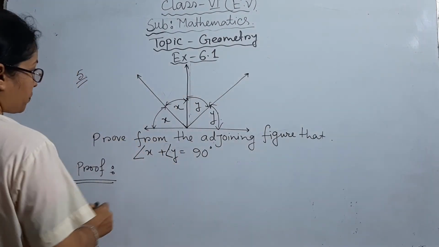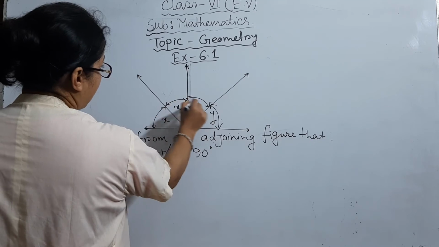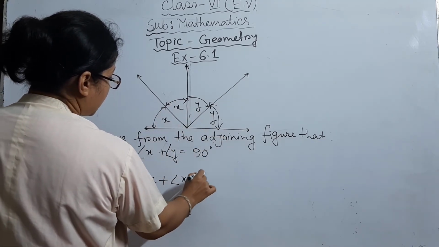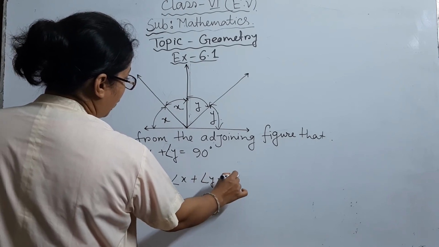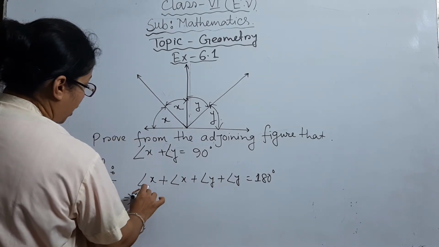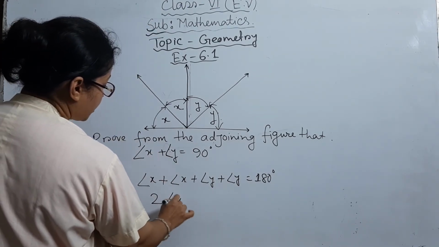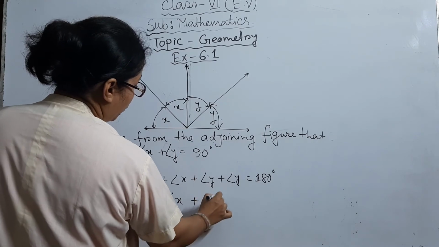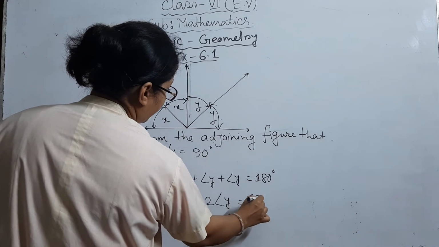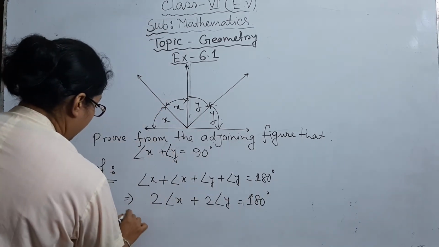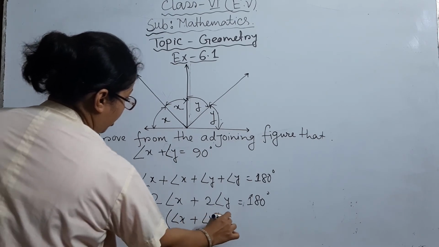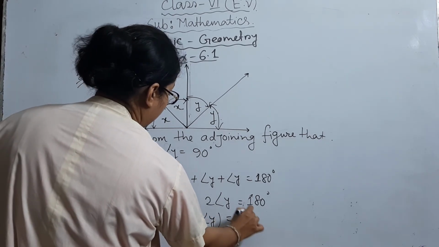So let's prove. Dear students, to get this full angle, we have to do what? Angle x plus angle x plus angle y plus angle y equals 180 degrees. Isn't it, dear students? That is 2x angle plus 2y angle equals 180 degrees. Okay, then common 2, x plus y equals 180 degrees.